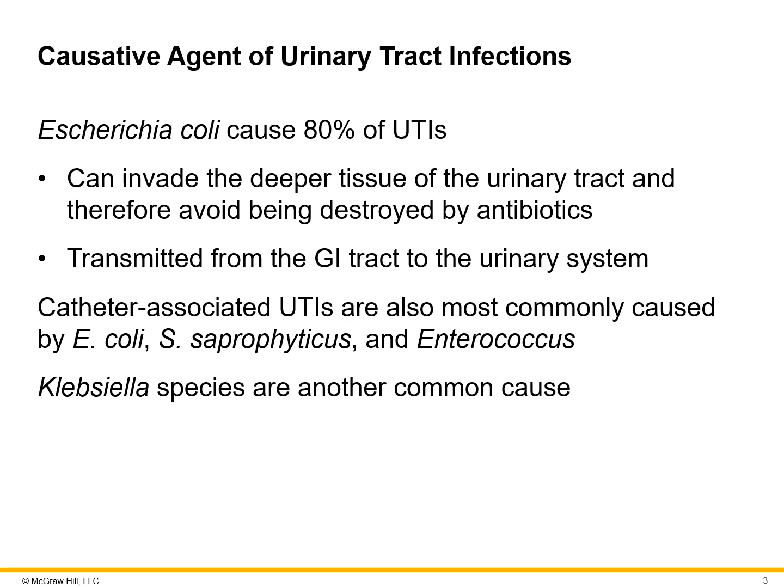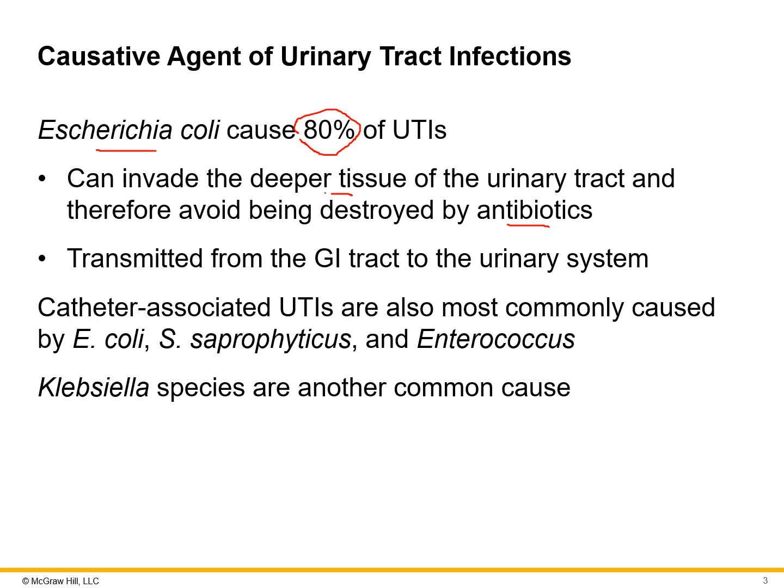All right, so some of the causative agents. E. coli is the most common. It causes about 80% of all the urinary tract infections. This is because it can invade deeper tissues. It has flagella, so it can move. And because it can get into the deeper tissues, it is kind of hidden from the antibiotics used to treat it.